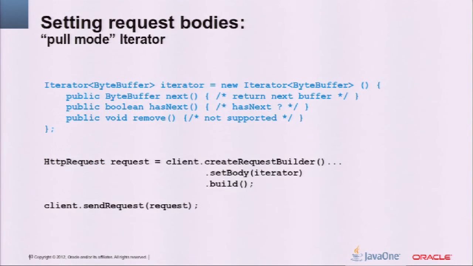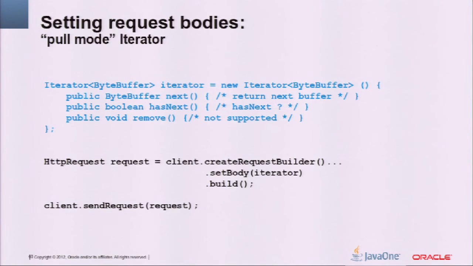So to look at the pull mode now. This shows an implementation of an iterator. The next slide will show a slightly more realistic example, but this slide shows you the methods on the iterator interface itself. We only use the next and hasNext methods. Remove, which is part of the iterator interface, we don't use.